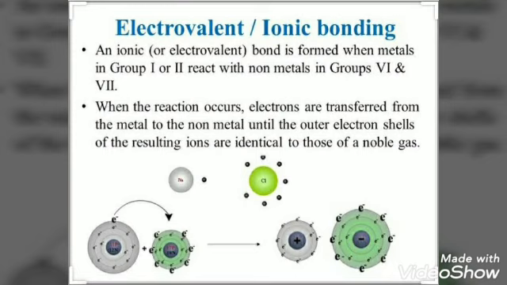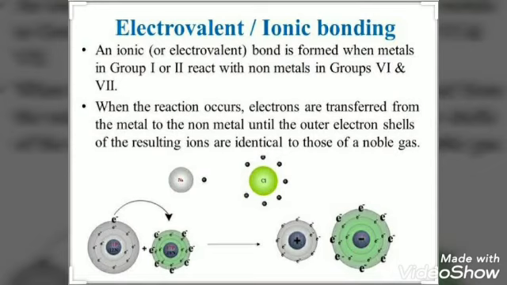In the formation of an ionic bond between a metal and a non-metal, the metal atoms donate one or more electrons to the non-metal atoms. By losing electrons, the metal atoms form a positively charged ion called cation, and the non-metal atom accepts electrons donated by the metal atom and forms a negatively charged ion called anion.